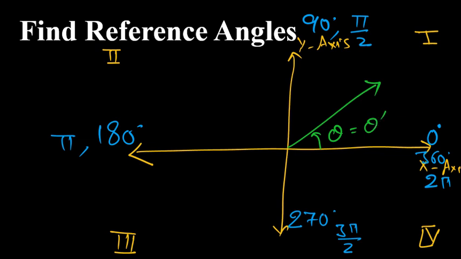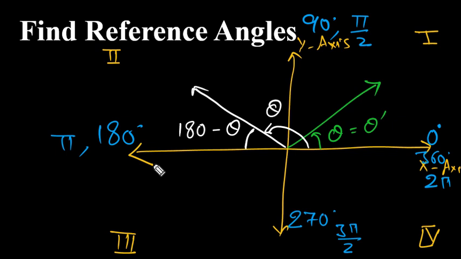Now the next case, if your terminal side is in quadrant 2 and it is making an angle, let's say theta here, then your reference angle will be this one, and that will be 180 minus theta.